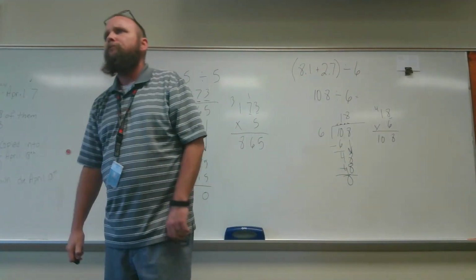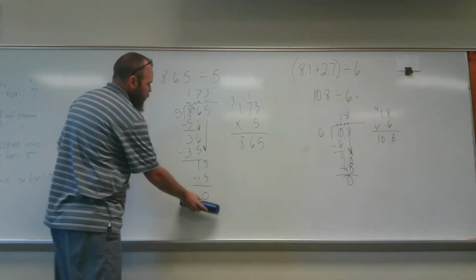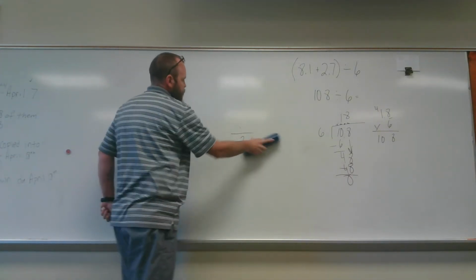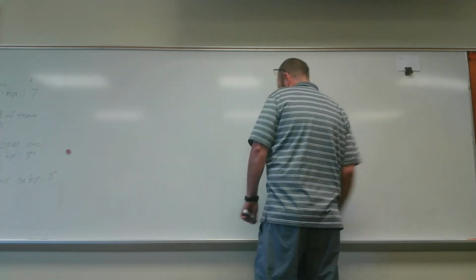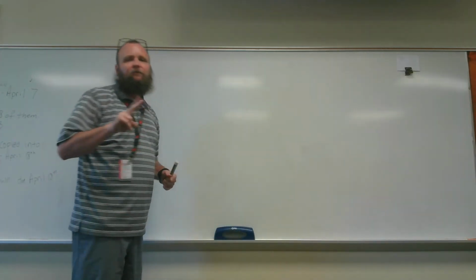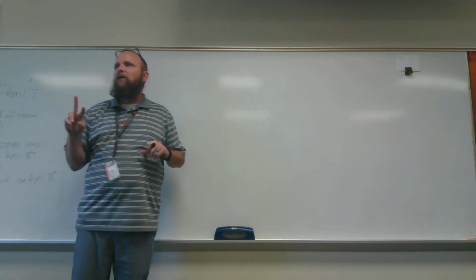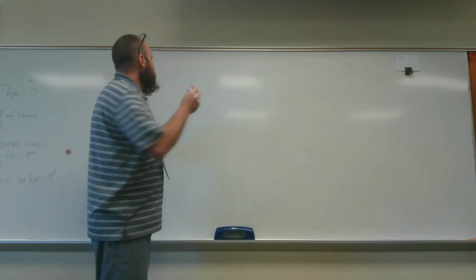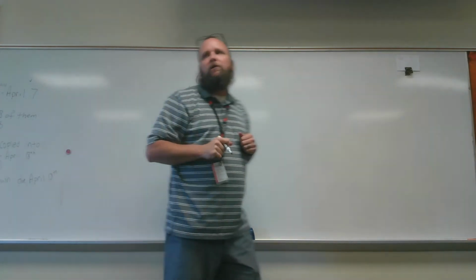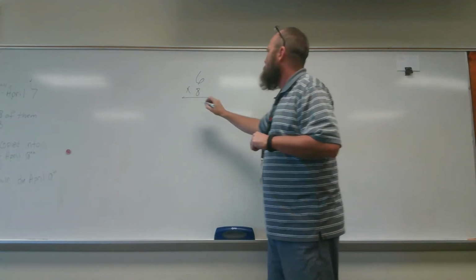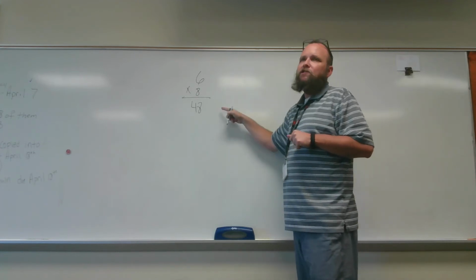Yeah, with division. Let's look at one. I'll do a simple one. You want to check multiplication. So, remember when you did the fact families? If we did 6 times 8. Jamie, what's 6 times 8? 48. Now the inverse of multiplication is division.